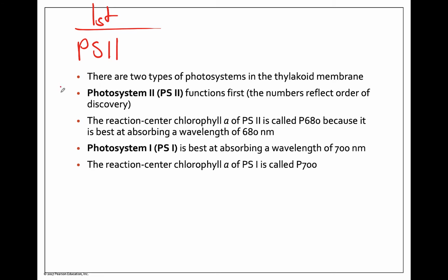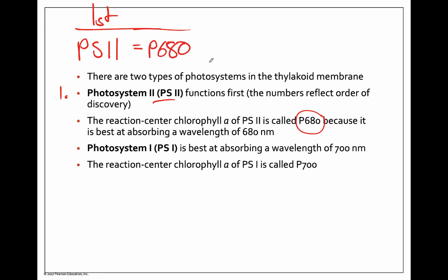So this actually is going to happen first, and then the electron is going to get excited in photosystem 2. The reaction center for photosystem 2 is called P680 because it absorbs at a wavelength of 680 nanometers. So you can call this first photosystem either photosystem 2 or P680.